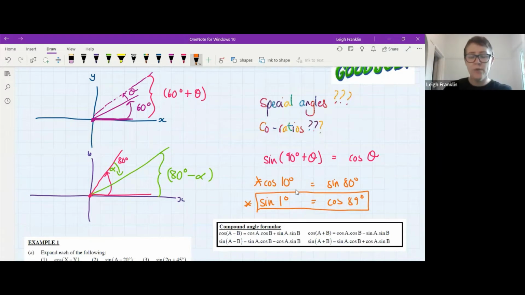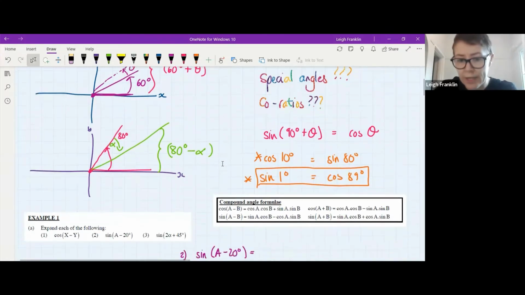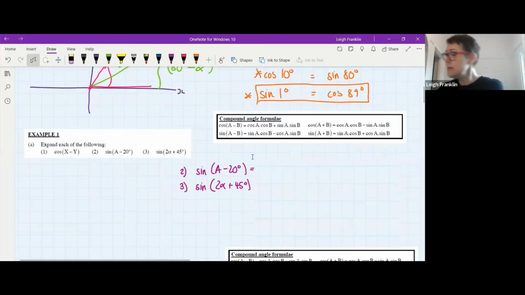If we're feeling confident about that, now we can jump into our compound angle formulae. These formulae are on your formula sheet. But again, if you learn them, it just means that you can work much, much faster. Make sure you learn them off by heart and they are perfect.